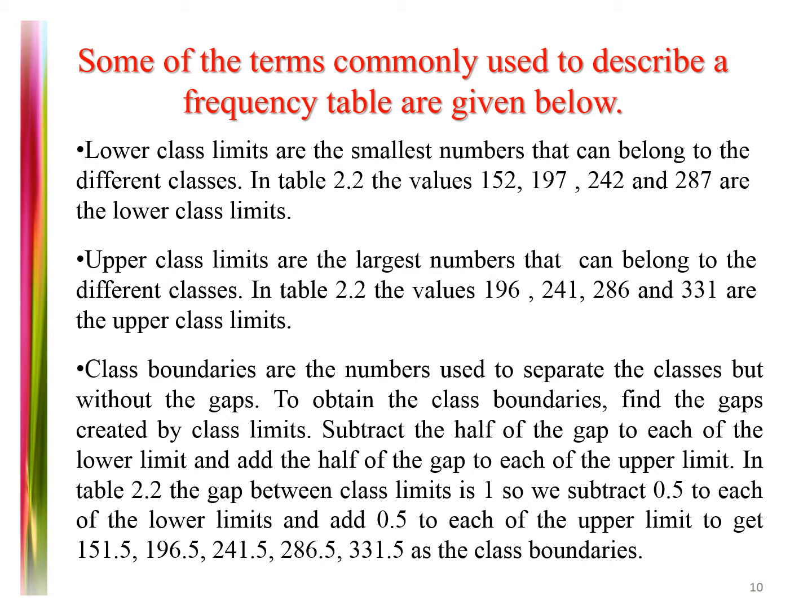In the earlier example, the gap between two consecutive classes is 1, so 1 divided by 2 is 0.5, which we add to the upper values and subtract from the lower values. Then we get the class boundaries.